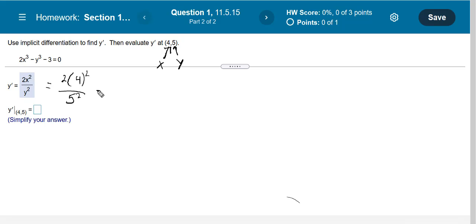Now in fraction form, that comes out to be a 32 over 25. In decimal form, that comes out to be 1.28. Their blue writing seems to imply that they want it in fraction form. However, we're going to enter the decimal value.